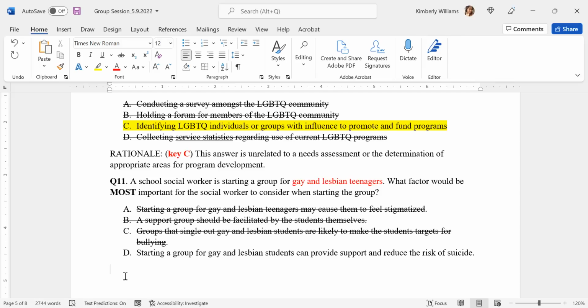Right, so that's not the answer. The students should not be facilitating this group by themselves. So that leaves us with starting a group for gay and lesbian. Okay, so you're saying that starting a group for gay and lesbian teenagers may cause them to feel stigmatized. Oh, no, never. Don't listen to me.